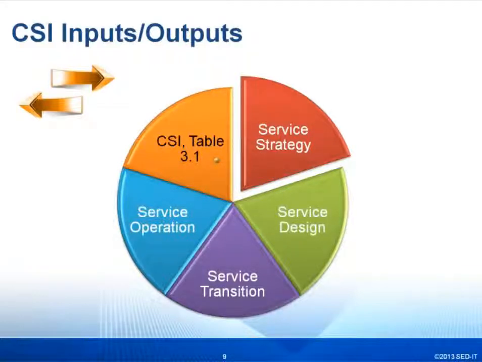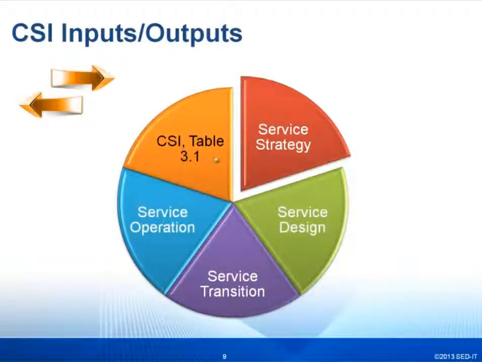So I'm going to ask the question again. So we have strategy. It provides inputs into CSI. What would those inputs be? Wow. Do we have the vision, mission, the portfolio, the policies, the strategies and plans, the priorities, financial information and budgets, and we can continue to go on and on there.